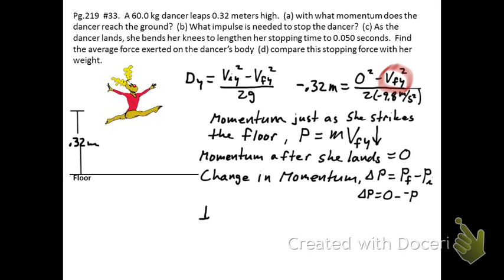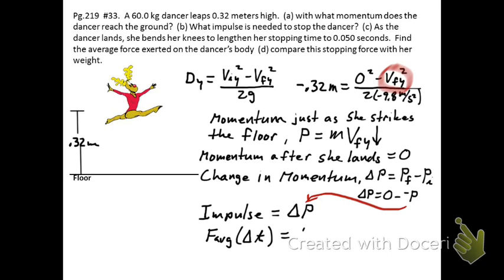Okay, and we know by the impulse-momentum theorem that my impulse is equal to my change in momentum that I previously calculated. All right, so if I have that number, then I know it's my change in momentum. Then I know it's also my impulse. Now, I can also define impulse by average force times delta t.